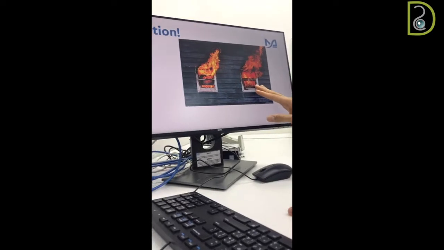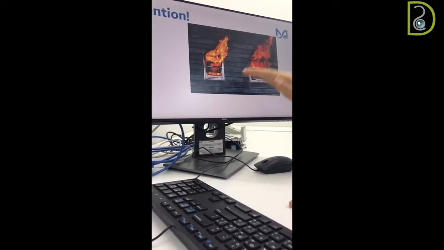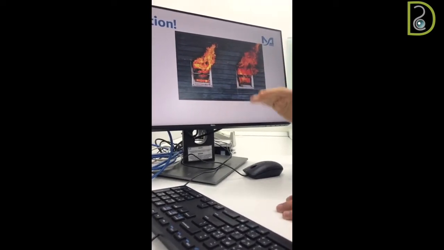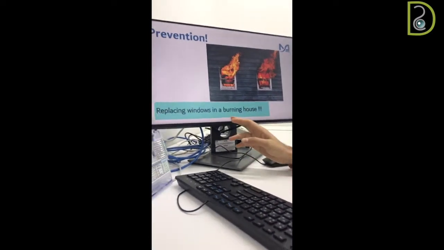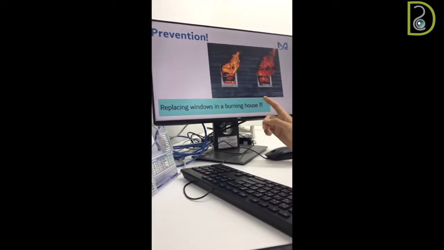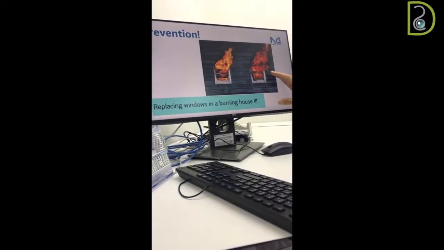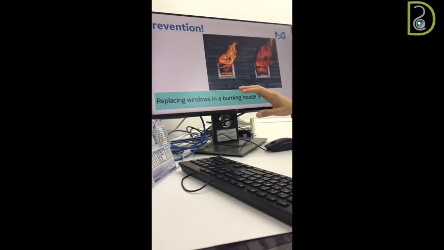If you do the restoration, you restore these windows without stopping the fire, which is poor oral hygiene and no prevention, you will not resolve the issue. Replacing the windows in a burning house is of no benefit, and the child will not get any benefit. So prevention is the key of whatever restorative options I'm going to talk to you about today.